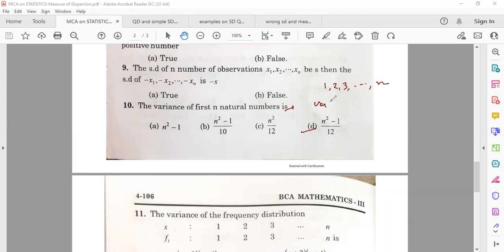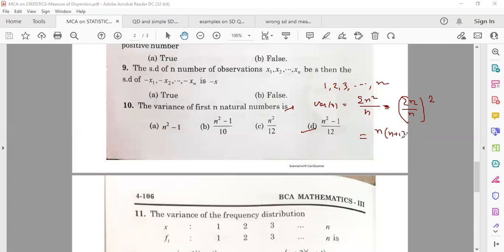So Var x is the formula summation n square by n minus summation n by n, the whole square.